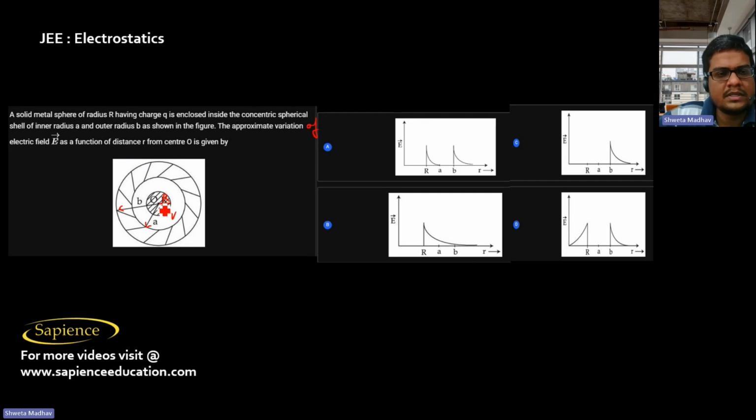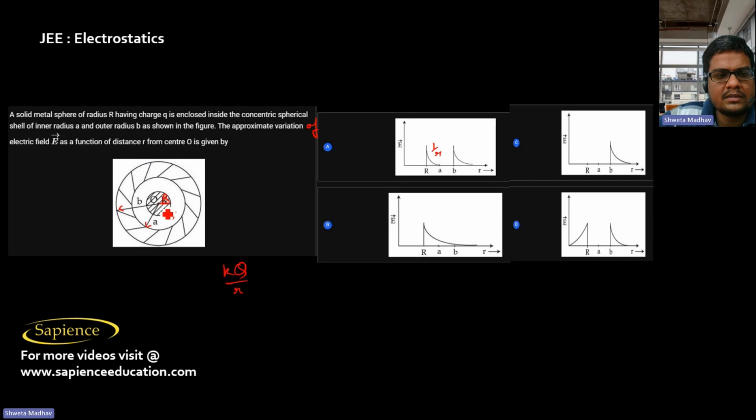So it means that inside there is no electric field from 0 to r. There will be no electric field. And then from here to here, suddenly there will be electric field which is KQ by r square. So that is 1 by r square variation.